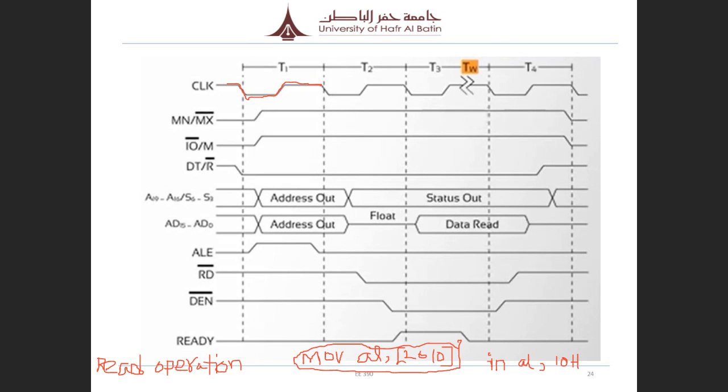The square bracket means a memory-related operation, and the memory data will come to the microprocessor register AL. So this is a memory read operation. The other is an input-output read operation. You can see IN AL, 10H. So 10H is the address of the port where the input device is connected. So this is the input-output read operation, and this is the memory read operation. Is that clear? Both are read operations. Is it clear?